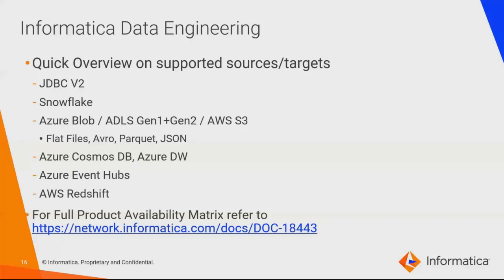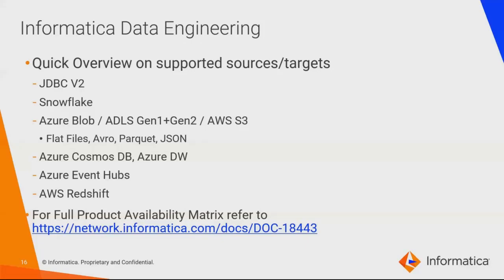We've got Azure Blob, ADLS Gen 1, Gen 2, and S3, on which you can have files, be it simple flat files, CSV files, as well as Avro, Parquet, and JSON. Additionally, we have Azure Cosmos DB, Azure DW, and Event Hubs, and we have AWS Redshift.